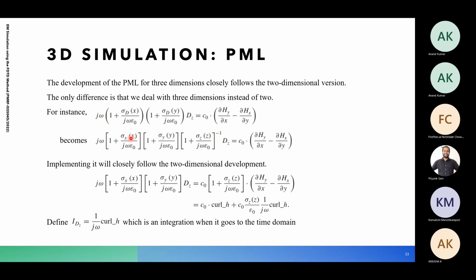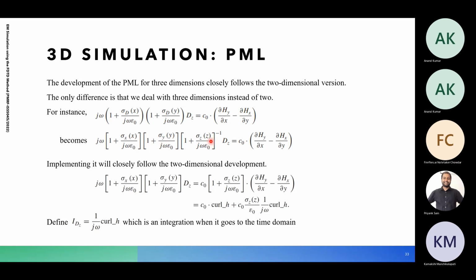We already have done the formulation where we had these two terms, right? So now we have three terms, and if you recall, when we had this inverse term over here, what we did was we took it on the right hand side, and then we got an equation, and then we evaluated it like that. Then all these curl terms came, and this 1 by j omega term of curl will become the integration.